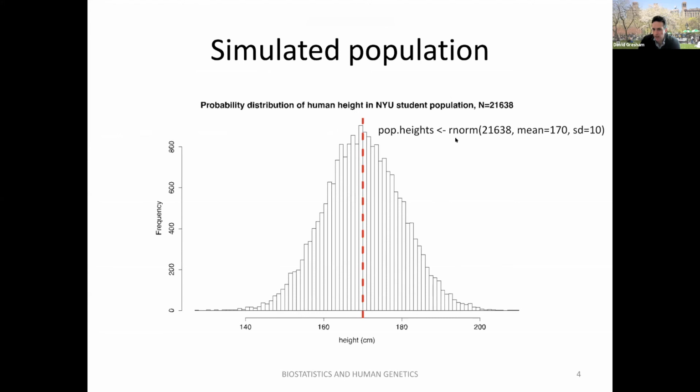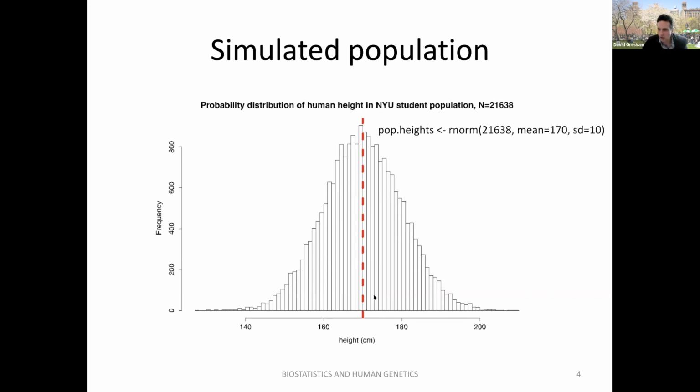So make a random normal population of 21,638 individuals that has an average height of 170 centimeters and a standard deviation of 10 centimeters. That's what I've done here. And then I'm just going to plot it. This is exactly what it would look like if we went out and did this crazy experiment and measured all these individuals. But this is much easier.